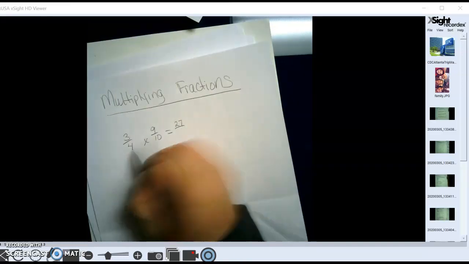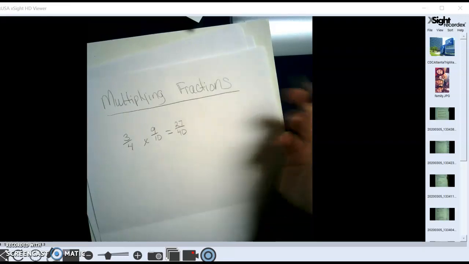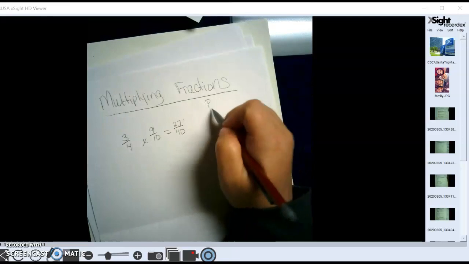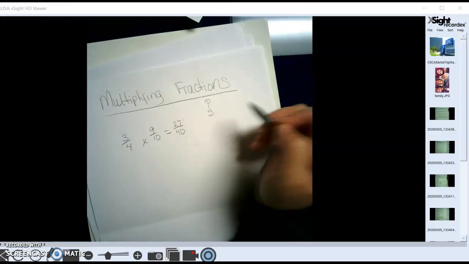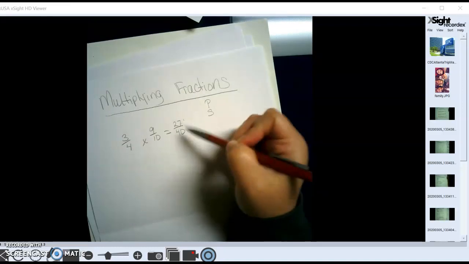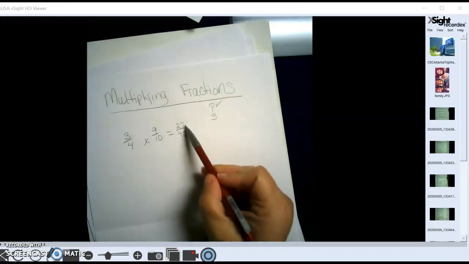And then I'd multiply 4 times 10, which is 40. Now, remember the question that you have to ask yourself: is it proper and is it simplified? So first of all, it is proper because 27 is smaller than 40. So that's correct. Now, is it in simplest form?